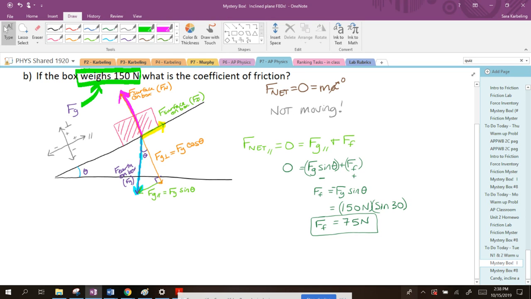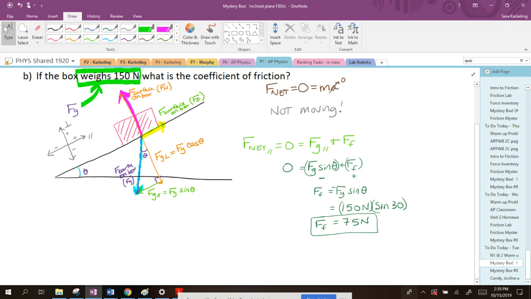What's up? Right above, the 150 newtons sine 30, why is there a negative? Because you told me that this was going to be the opposite of this. It's just signs. As long as you're okay with the signs, I'm okay with it too. Does that make sense?